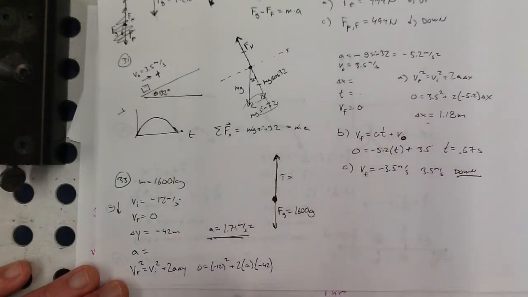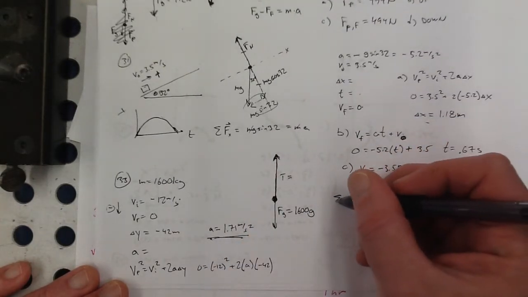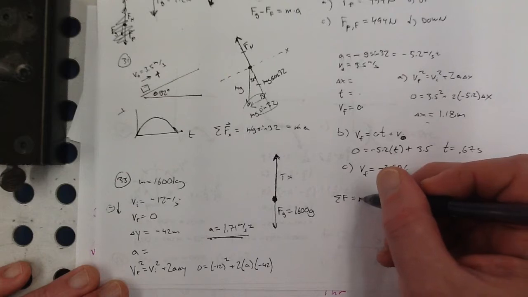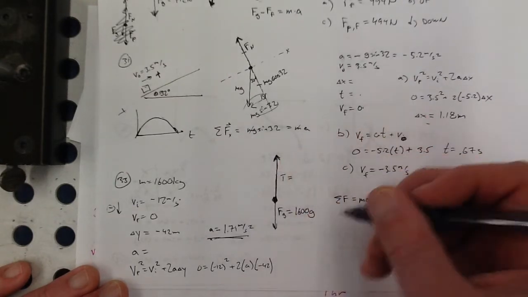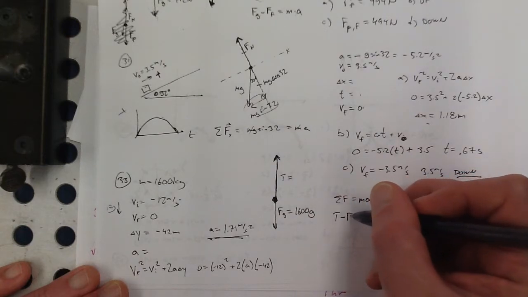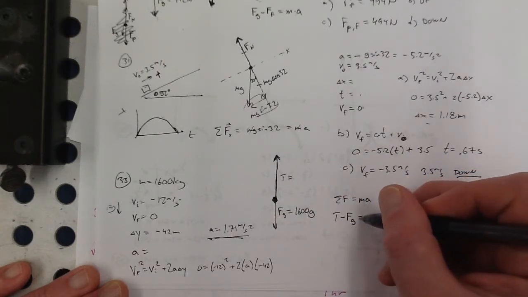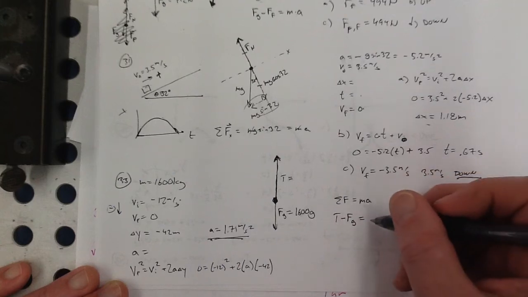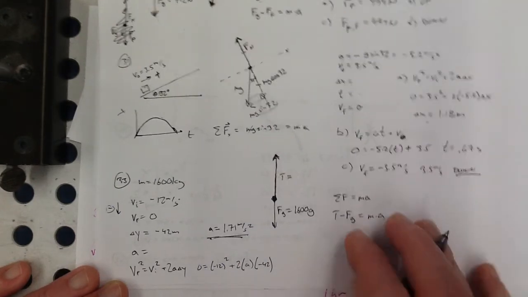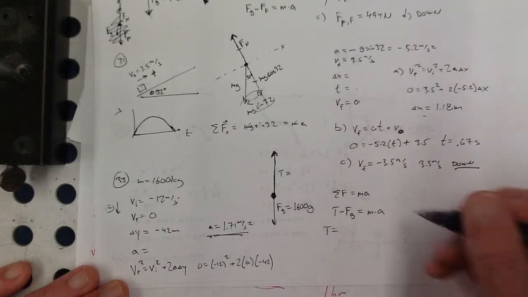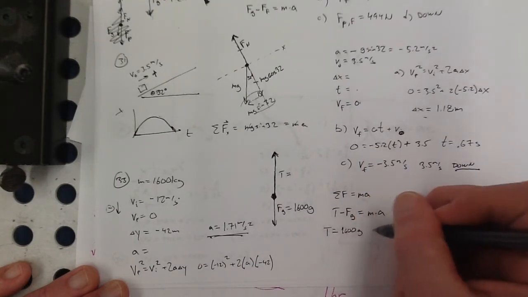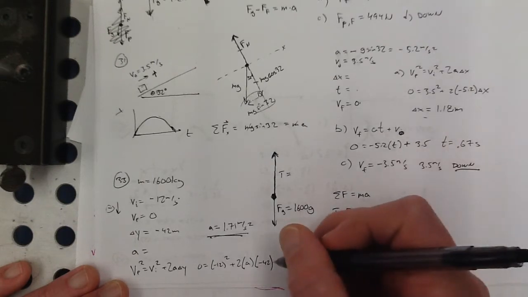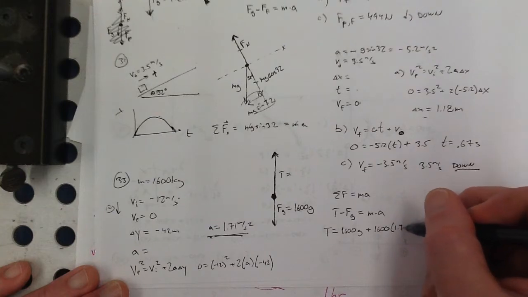So the tension I don't know, but I do know that the sum of all forces is equal to mass times acceleration. Sum of all forces here, this is the winning direction. So winners minus losers is equal to mass times acceleration. So the tension is equal to, adding this to the other side, 1600 g plus 1600 times 1.71.